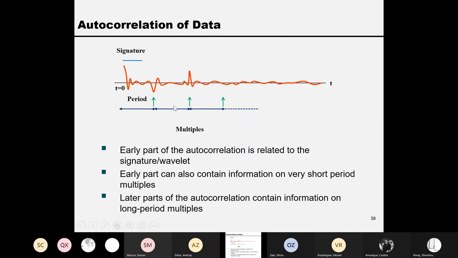So that means the polarity here is opposite, right? And the second order multiple with the primary, the polarity is also opposite. So you have a zero lag, which is a primary, first order multiple, second order multiple. Can you see that? So this is basically periodical. You know the period here. That's different multiples, okay?